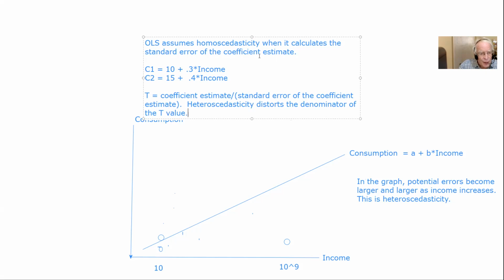In short, dependence of the error on the independent variable will make life difficult for us because we can no longer test for statistical significance.